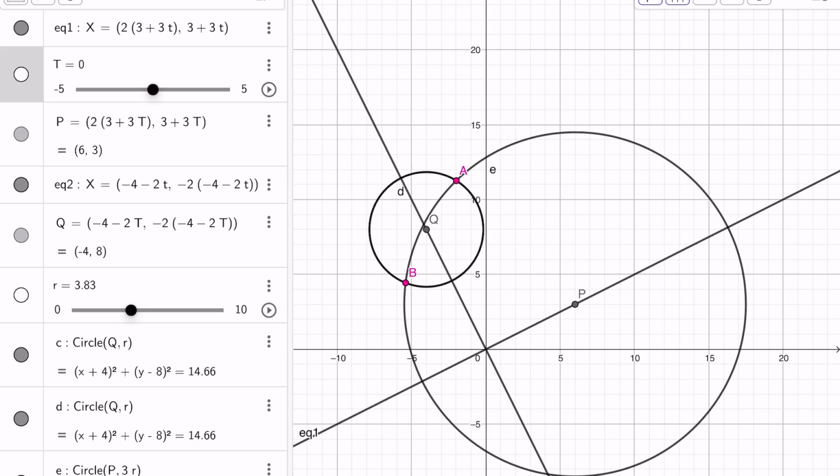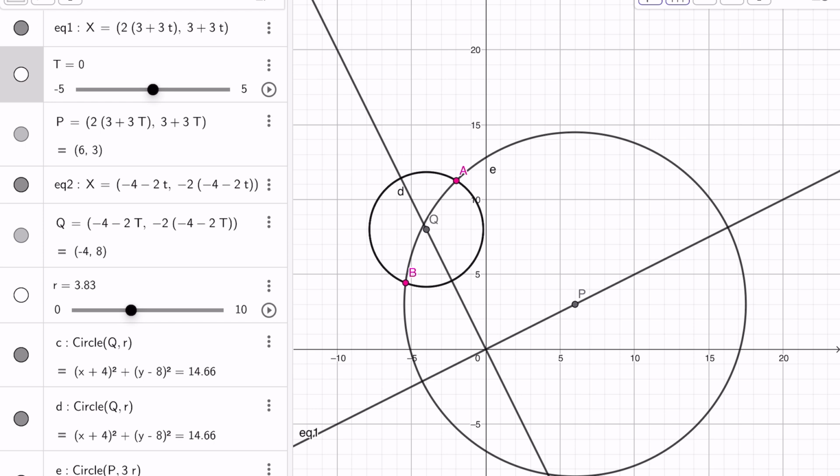Similarly, I've done the coordinate of Q parametrically. It starts at -4 and it decreases by 2 every second. That's the x value, and then the y value is just -2 lots of that. It's on the line y equals -2x. Now, you can see these circles here represent distance.